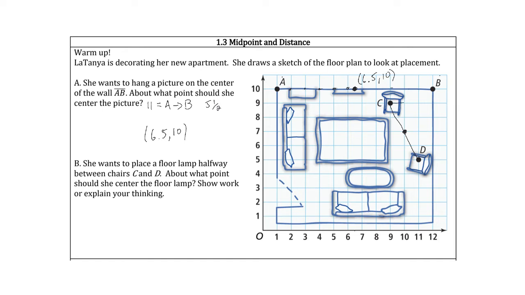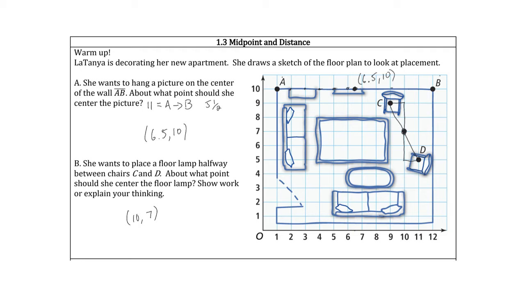Now let's look. If we go over 1, down 2, over 1, up 2, we can see this should be our midpoint. But this is kind of just a guess and check way. So that point right there is at 10.7, halfway in between them. And halfway is what we call the midpoint.